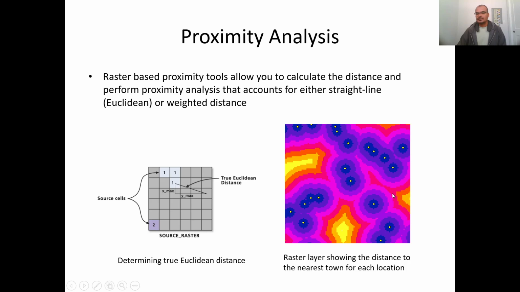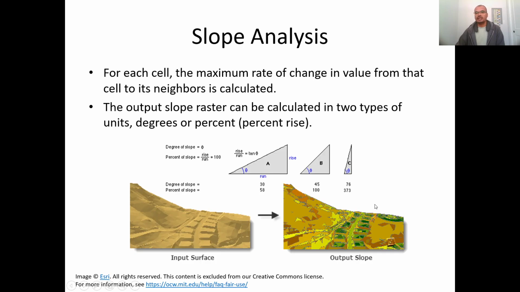This is very good compared to vector-based analysis, because in vector-based analysis you will find discrete zones, and you will not find the contiguity of the information, but in raster-based analysis you will find continuous information without any gap. So each and every location of this area has some distance to some point of interest, which is very essential for continuous modeling or surface modeling.